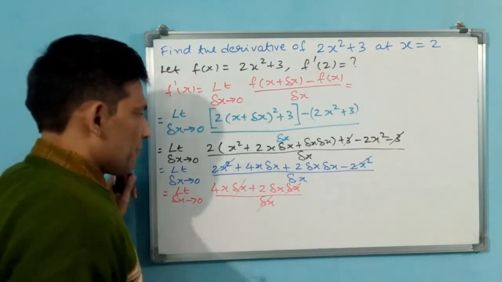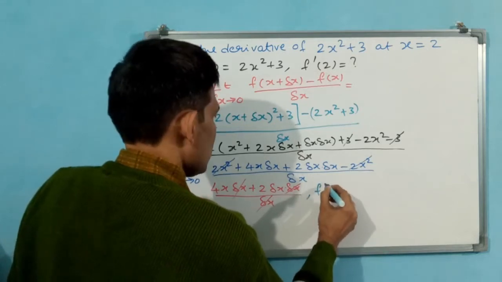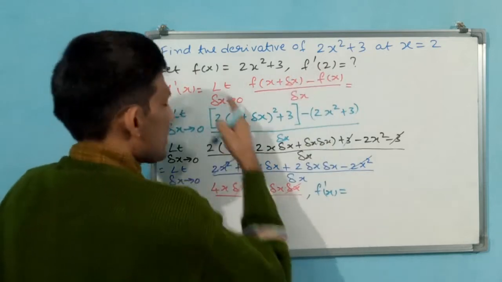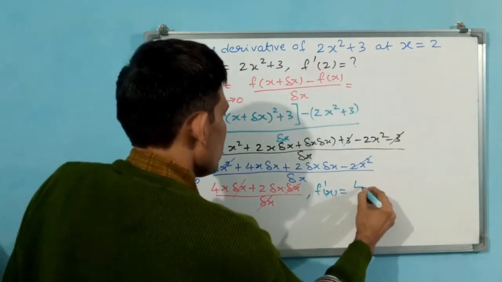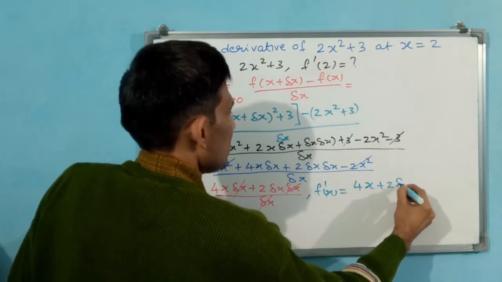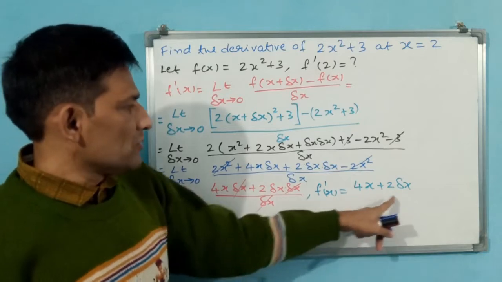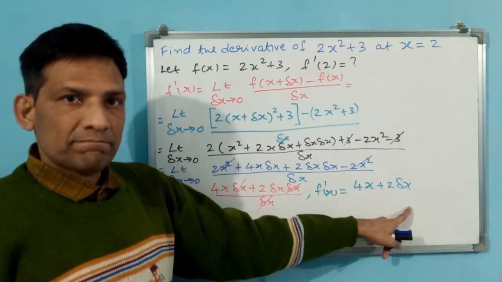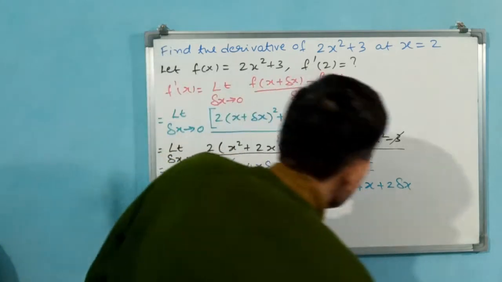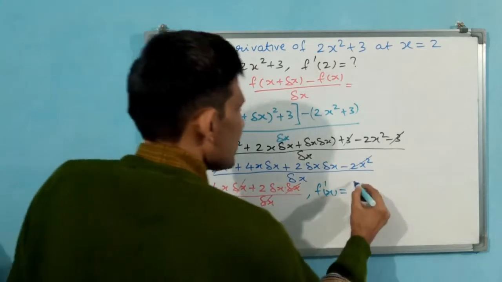So f dash x is equal to 4x plus 2 delta x. Why? Because denominator delta x is already over. Now this is f dash x finally. Wait a minute, delta x tends to 0 we have to write, that is what I forgot to write. Limit delta x tends to 0.